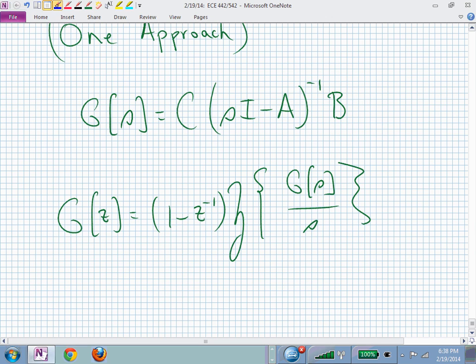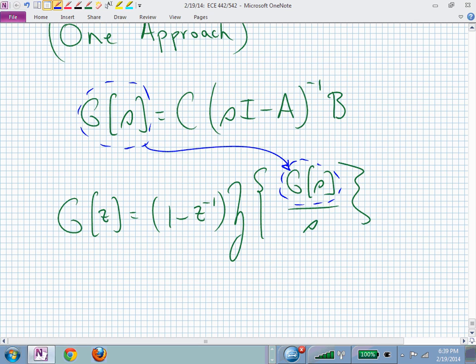And now I simply replace that G of s with that big mess right there. And I have a way of finding it, right? Now my partial fraction expansion will have 13 terms, but you can do it, right? Because you've introduced one more pole at the origin, and you had 12 to begin with in G of s.